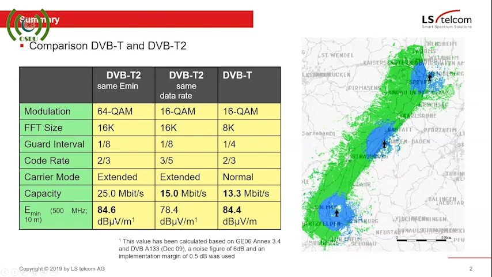Obviously, yes, there's a slight difference in the actual field strength contour that's required for reception, the minimum usable field strength.